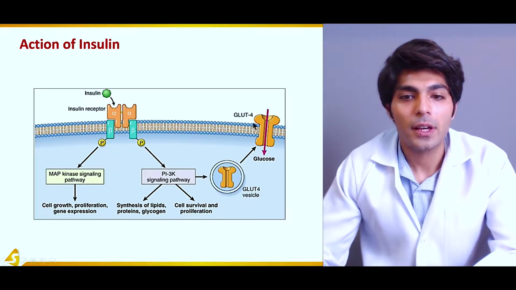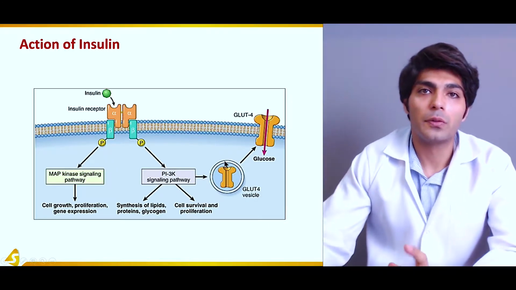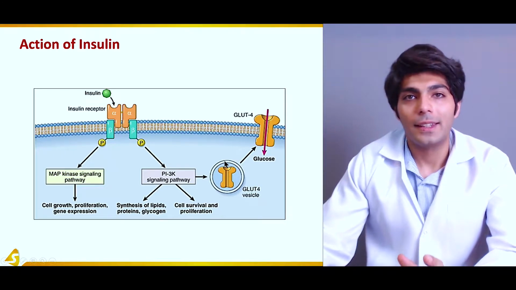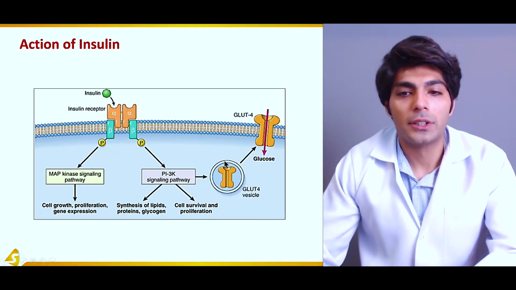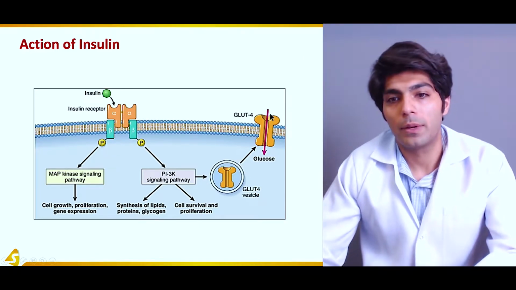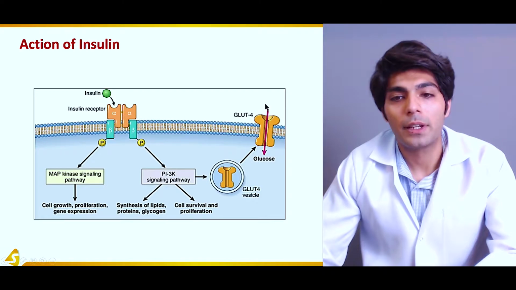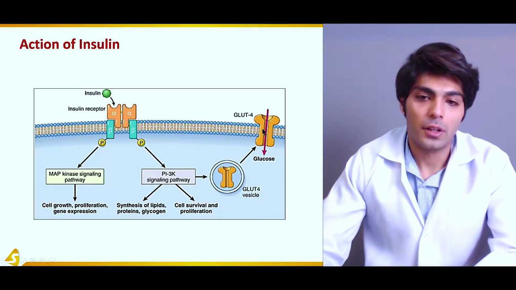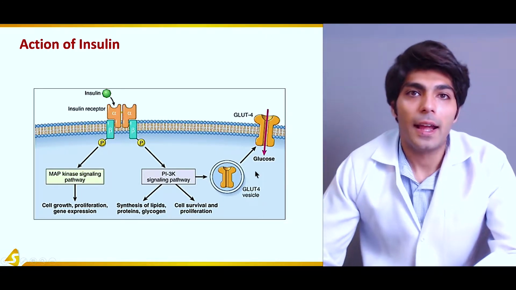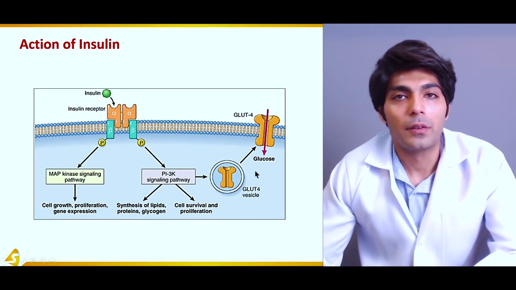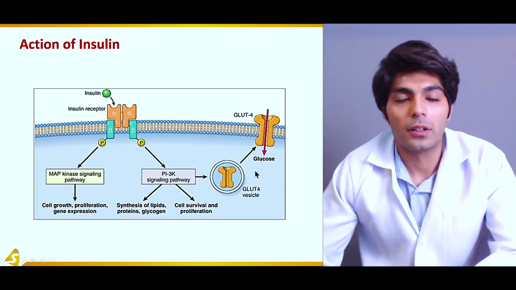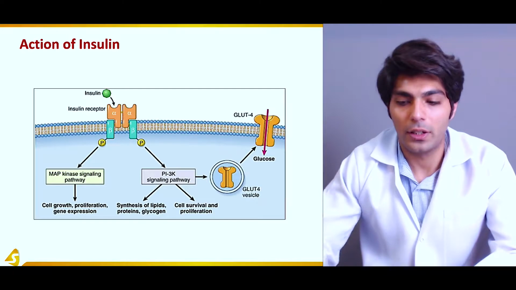As you can see, these vesicles containing GLUT4 receptors are transported to the cell membrane and attach to it. The receptors accept the entry of glucose, so the glucose enters the cell and performs its function by being converted into pyruvate or stored as glycogen in the liver.